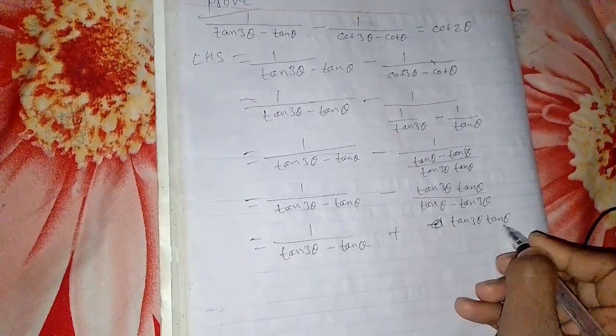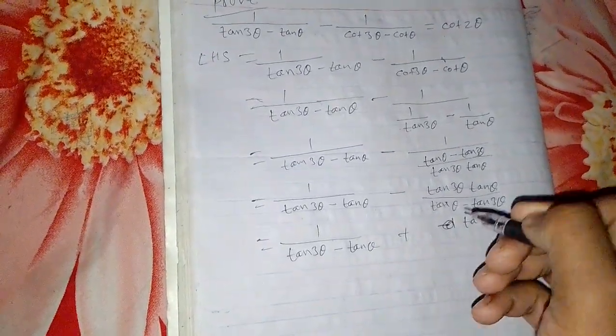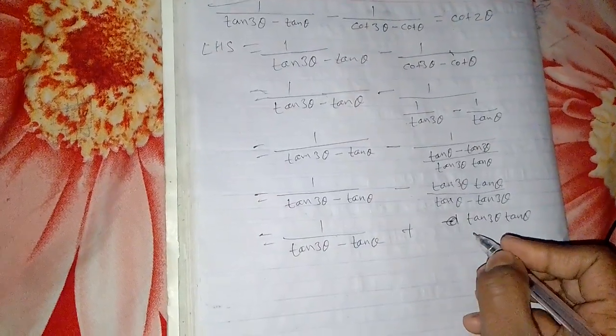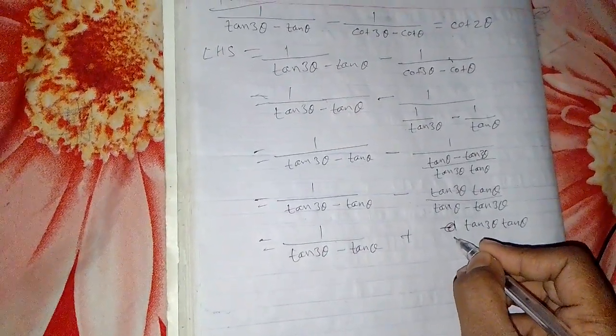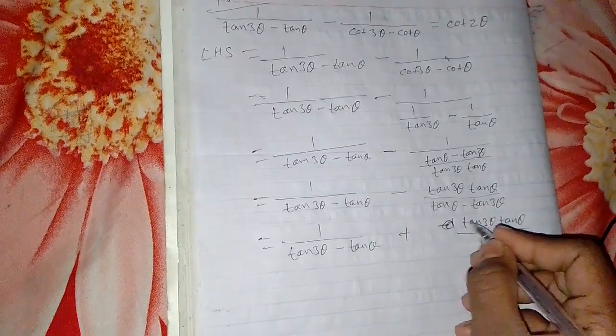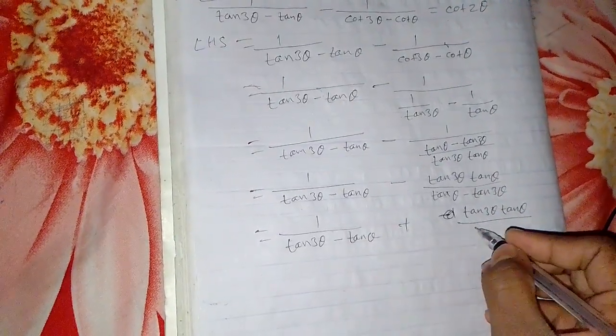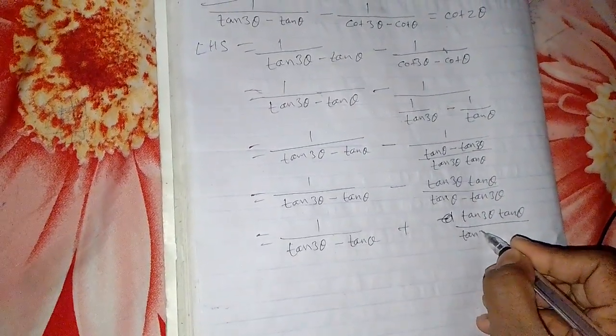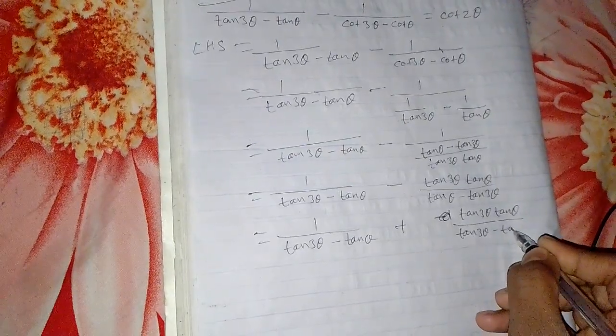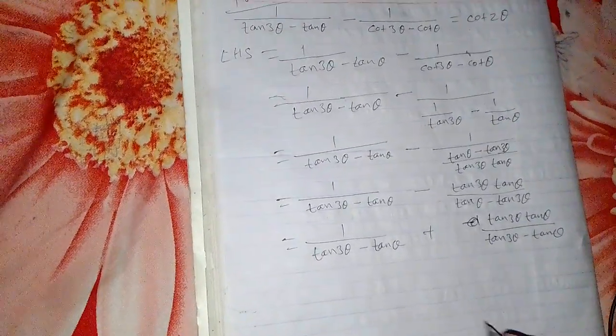I'm having difficulty because I'm looking through the camera, not at the book copy. Is this visible?